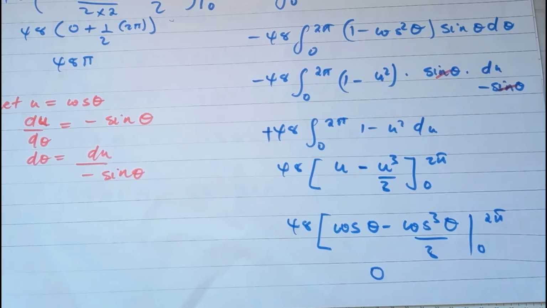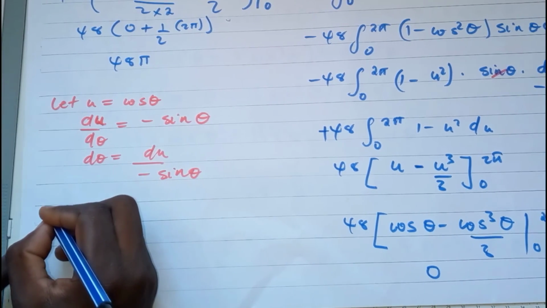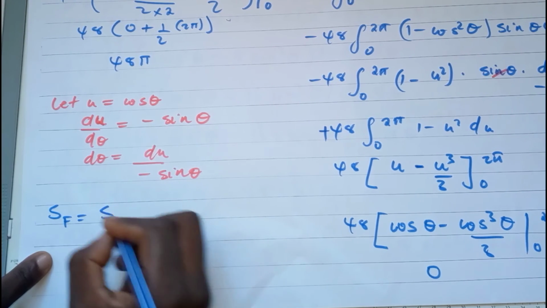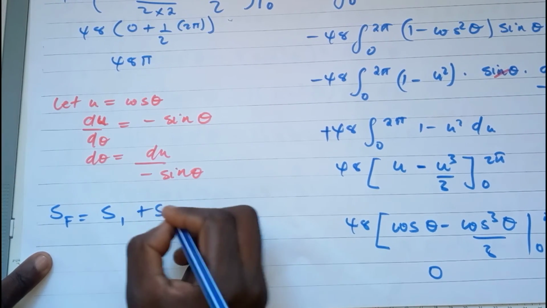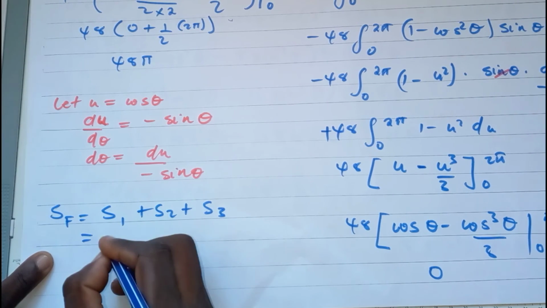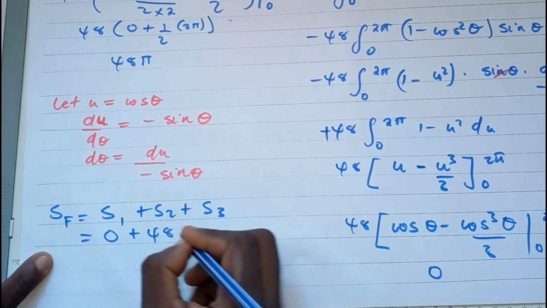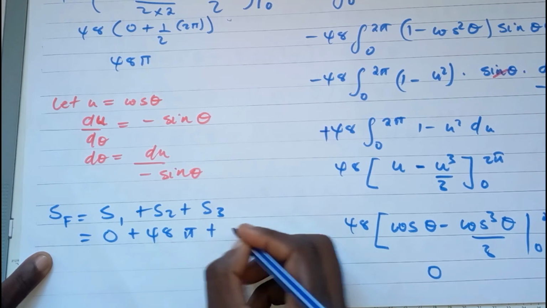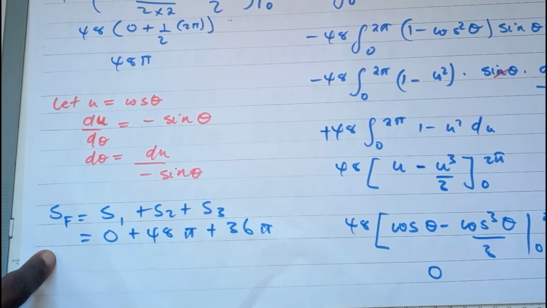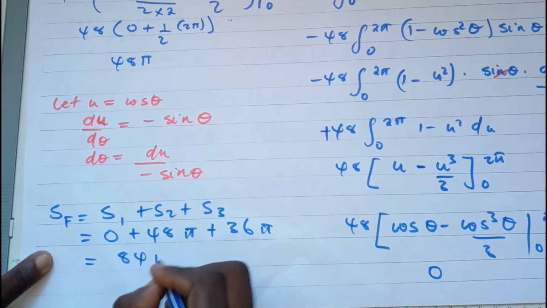So that means the total flux for the surface is going to be the flux of surface 1, plus the flux of surface 2, plus the flux of surface 3. For the first surface we get 0, for the second surface we have 48 pi, and for the third surface we have 36 pi, and if we add 36 plus 48, that is equal to 84 pi.